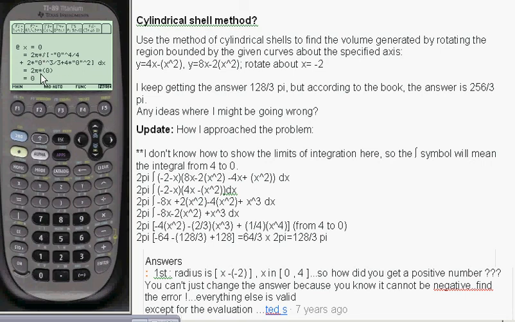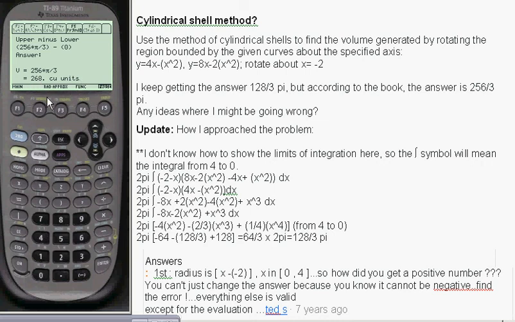At x equals 0, upper minus lower, 256 pi over 3. Here's your answer, 256 pi over 3, which is what he couldn't get, but here we could get it by sanely doing stuff in a systematic manner. It approximately equals 268 cubic units.